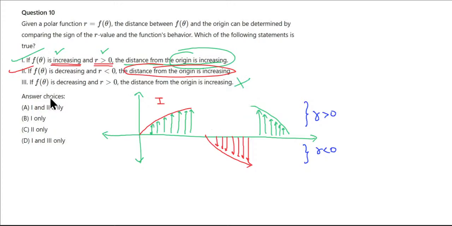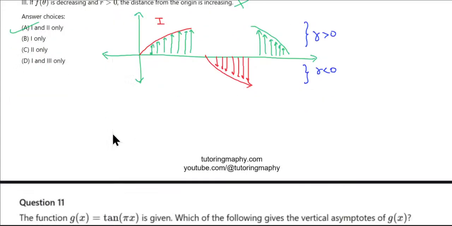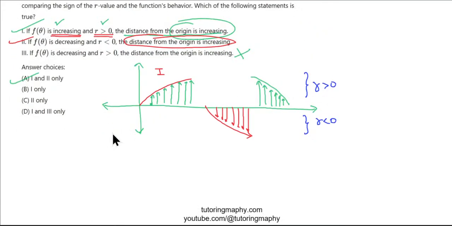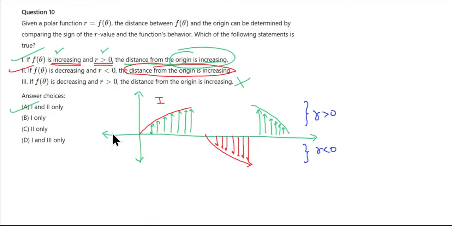So option 3 is definitely wrong, but option 1 and 2 are correct. So option A is definitely correct. I hope this makes sense. This was slightly tricky, but if you try to understand this by graphing on the rectangular plane, I think it should make better sense to you.